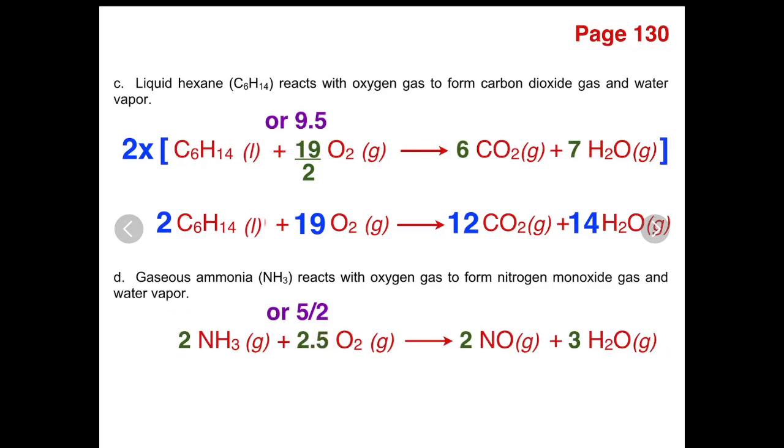This is already balanced, just not in whole numbers: you have 5 oxygen and 5 oxygen, 2 nitrogen and 2 nitrogen, 6 hydrogen and 6 hydrogen. To make a whole number, you need to multiply the same coefficient throughout the whole equation. So I'm going to multiply by 2, because 2 multiplied by 2.5 or 5 over 2 gives you the whole number. If you do that, the answer comes out to be 4 ammonia.